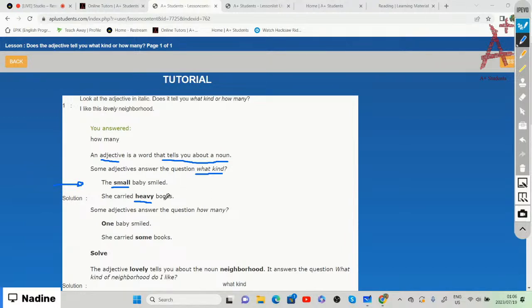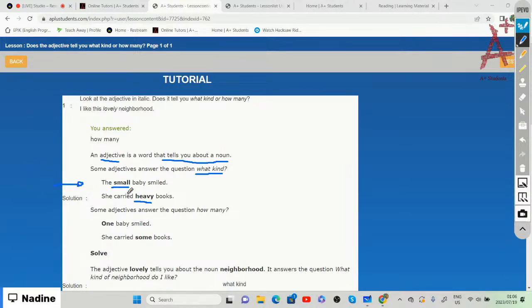Then we also have some adjectives that answer the question, how many, right? And how many doesn't necessarily have to be a number. It doesn't have to be 1 to 10 or us counting. How many can also be where you describe it by mentioning some, few, many, a lot, and so on.